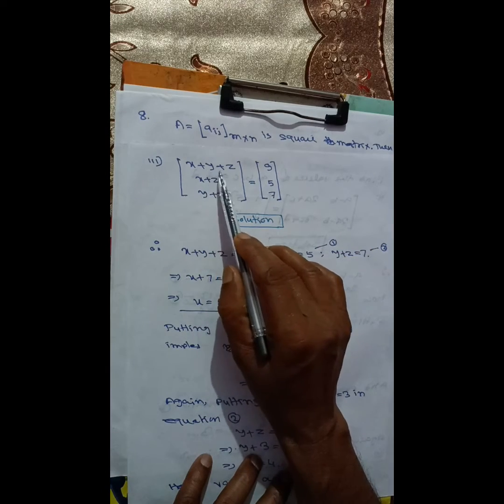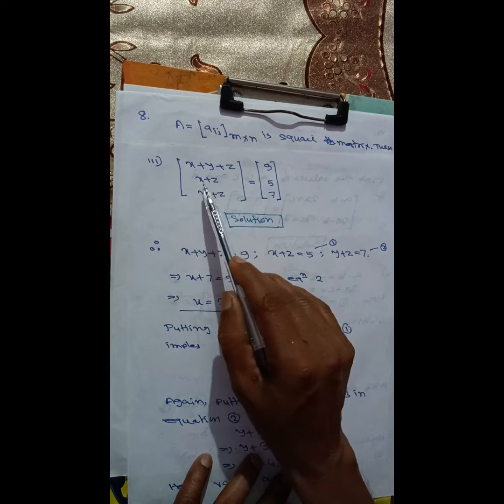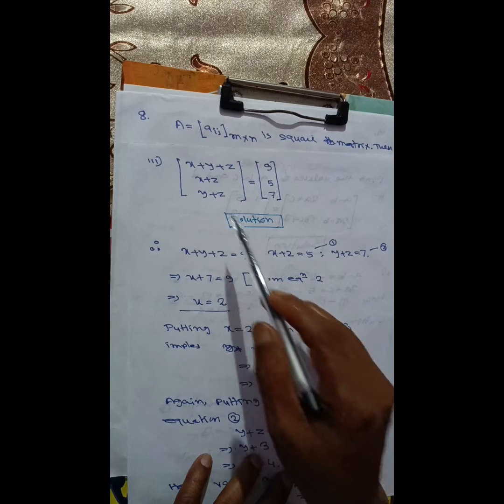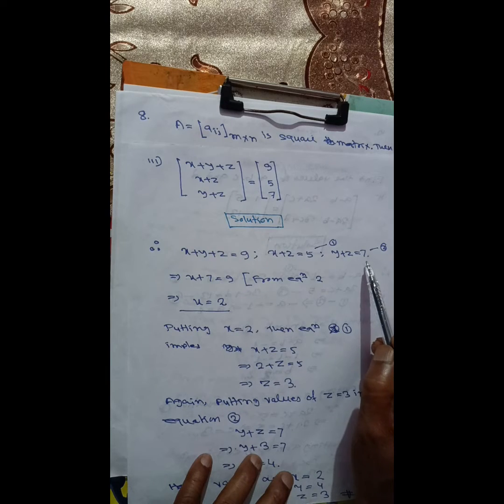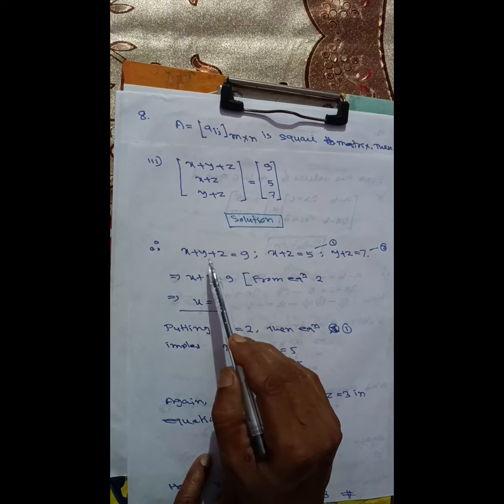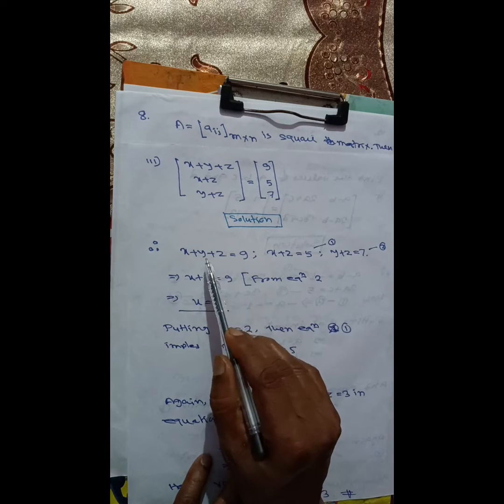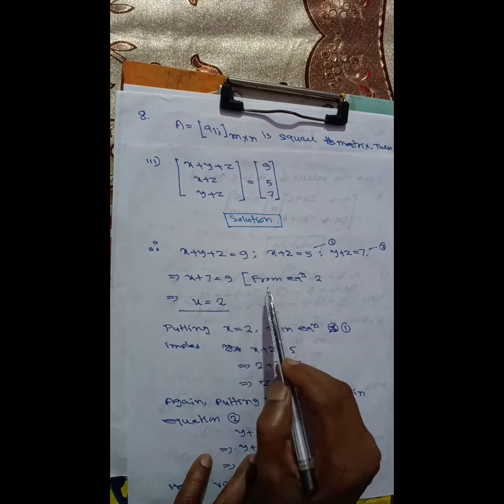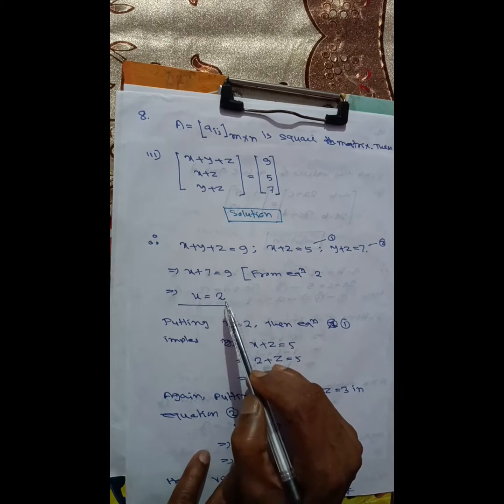Therefore, x plus y plus z is equal to 9, x plus z is equal to 5, y plus z is equal to 7. Since x plus y plus z is equal to 9, and y plus z is equal to 7, putting 7 in the first equation, we get x is equal to 2.